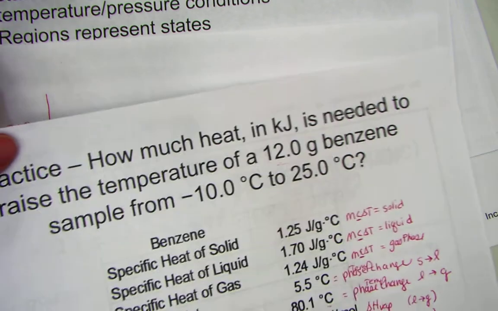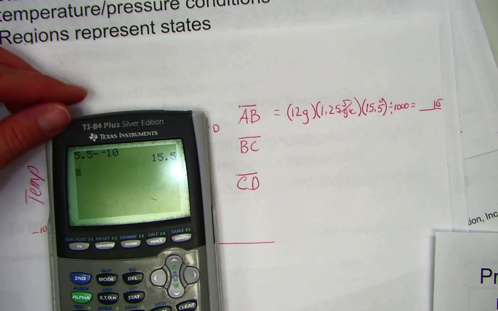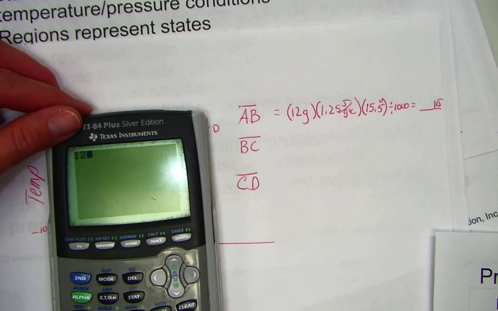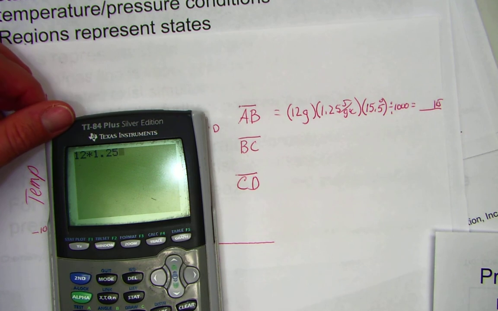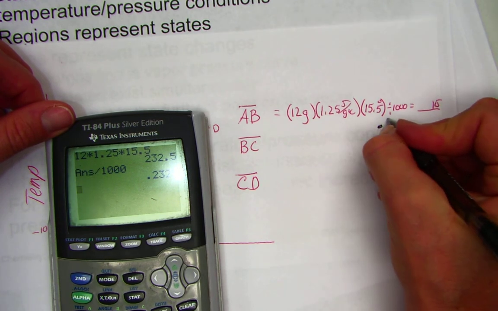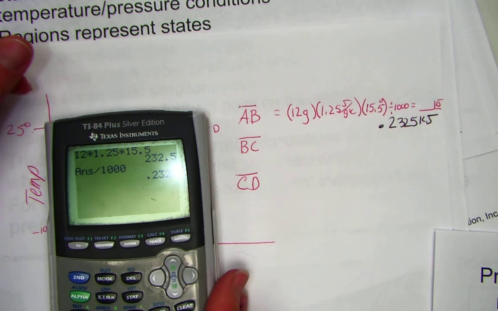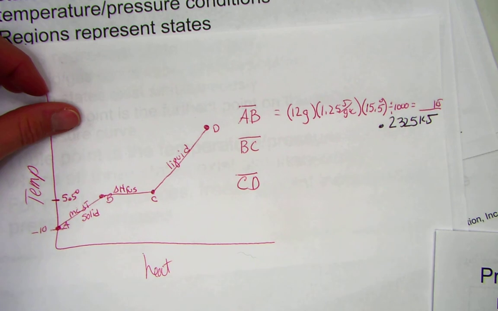The question asked how much heat in kJ. So I'll hit 12 grams times the specific heat of solid benzene, 1.25, times our delta T of 15.5, divide by 1,000 to turn joules into kilojoules, and I get 0.2325 kilojoules of heat from line segment AB.